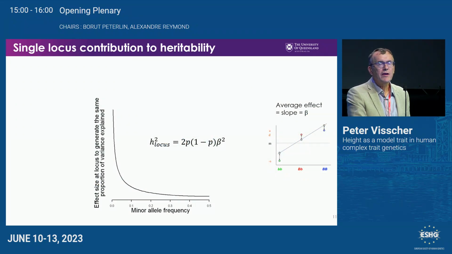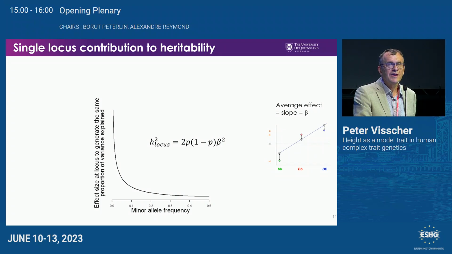Of course, we're nowadays in the era where we want to dissect genetic variation into the contribution from individual loci. And this is a reminder that the contribution of a particular segregating variant to variation in the population and heritability is a function of the heterozygosity under Hardy-Weinberg proportions, where p is, say, the minor allele frequency, and the effect size.